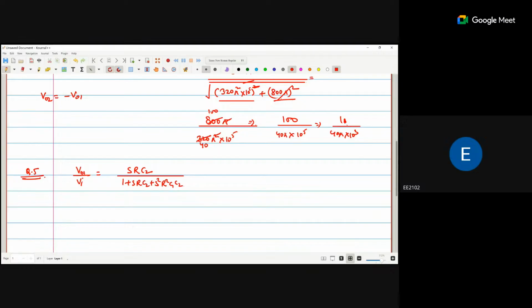Okay. Now again we take the magnitude, sorry, with the minus sign. If we take the magnitude V naught 1 upon Vi, it is again omega R C2 upon omega R C2 square plus 1 minus omega square R square C1 C2 whole square.